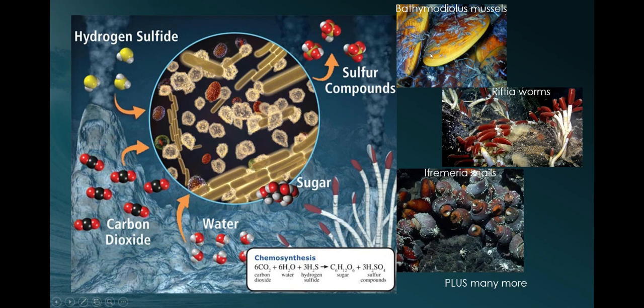So all these mussels, worms, snails, they don't eat. Rather, inside of them, they have these bacteria that produce sugar. They take all this stuff around them and they produce sugar. And then the sugar is available for these organisms to use to respire. All right, so that's what's happening in hydrothermal vent communities.